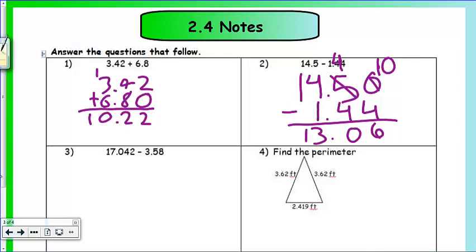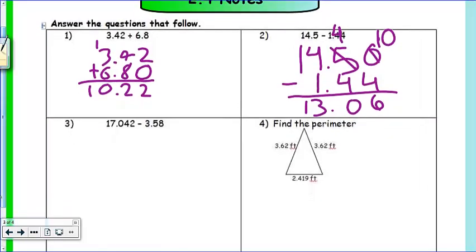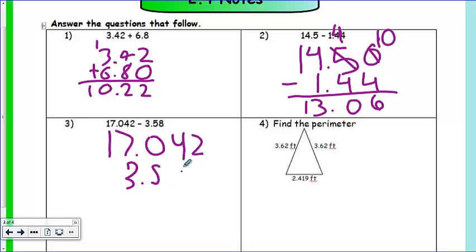We're going to scroll down here to number 3. We have a subtracting one, and we have a new guest coming up to the board here. Okay, so when you're writing them, you need to make sure that you line up the decimal and add a 0 as a placeholder to make the problem a little bit easier.